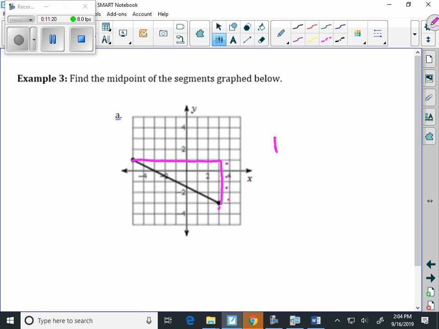So we went up 4, and then we went 1, 2, 3, 4, 5, 6, 7, 8. We went left 8. So when we're finding this midpoint, we're cutting those values in half.